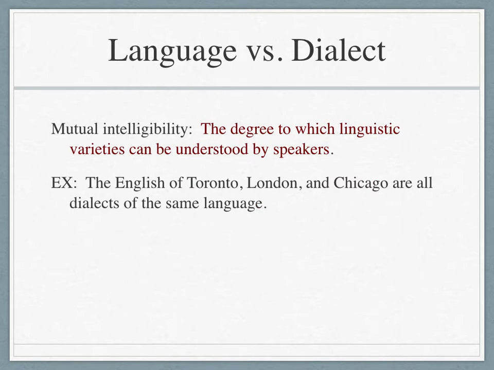So other examples of mutually intelligible varieties of English might be the English of Toronto, Canada. So those speakers sound a certain way, but they can have conversations with the people of London, UK, or Chicago, the US. So we would call all of these dialects of the same language, right? And again, I like to bring up the Martians. What would the Martians say?